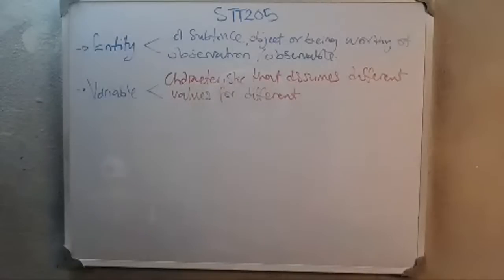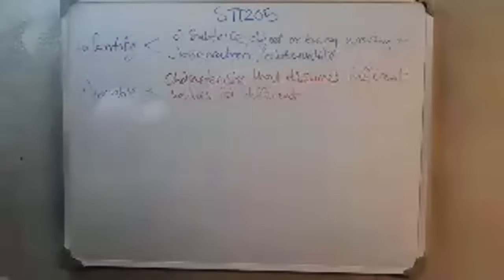So variables and entity work intertwined. A characteristic that assumes different values.